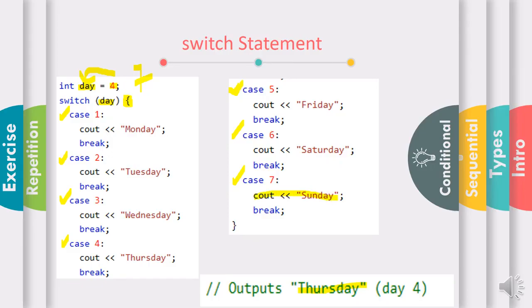It means that we pass a variable or expression to the switch statement. Then depending upon the value of the variable or expression, the case will be selected.